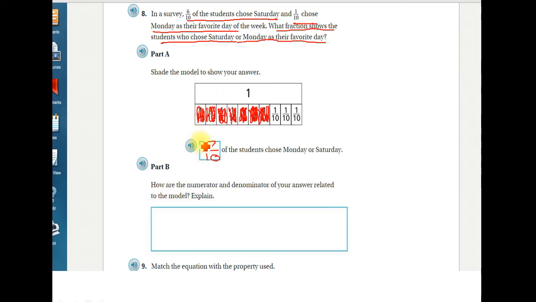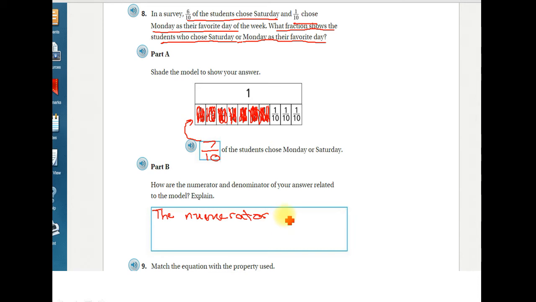Well, let's look at the numerator. How is it related to the model? Well, the numerator, what is it showing us? The numerator always shows us the part.